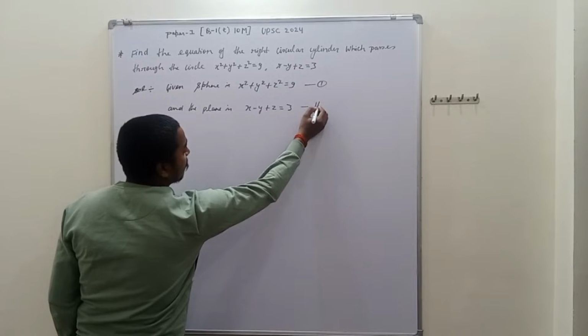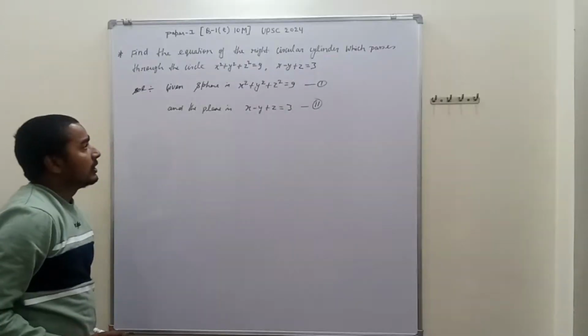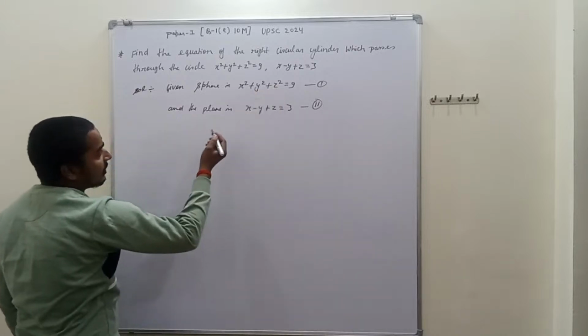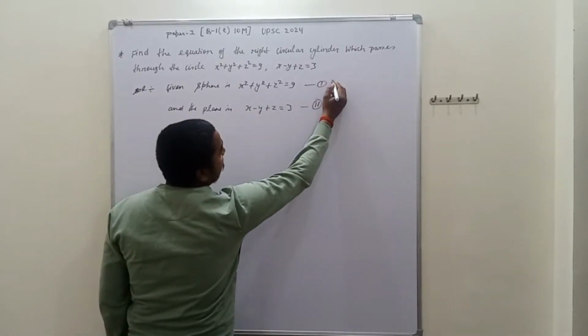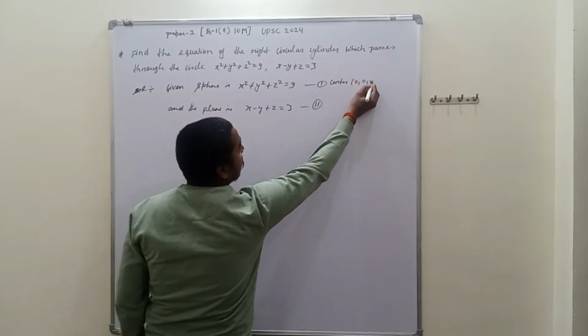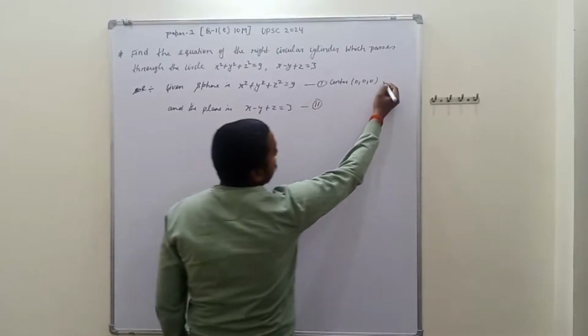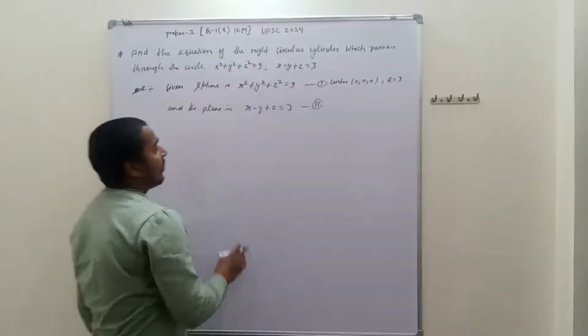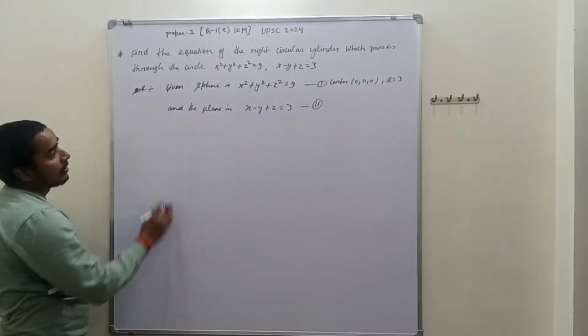Let this be equation 2. The sphere has center 0, 0, 0 and the radius is 3.